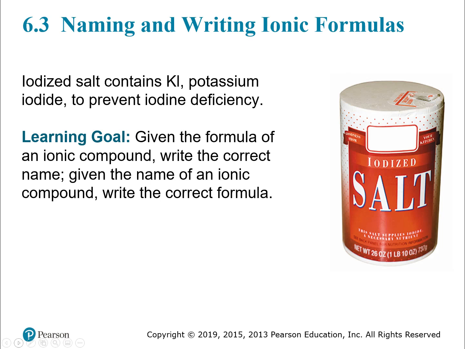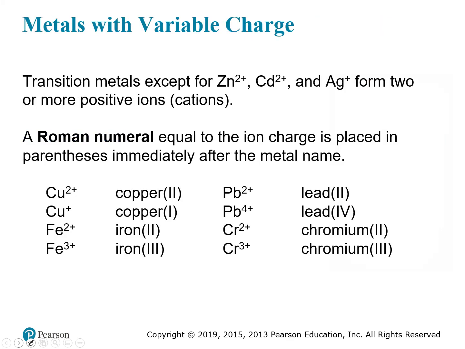Now let's do some more with naming and writing ionic formulas. Before we can do that, we have to talk about the elephant in the room. We've been talking about groups 1A, 2A, and 3A, but there are a lot more metals than just those 3 groups. We've got all those transition metals in the D block.